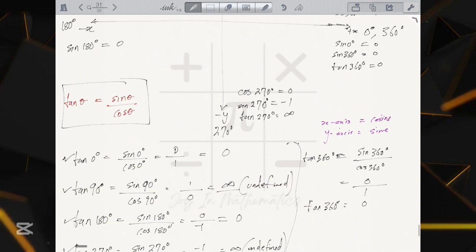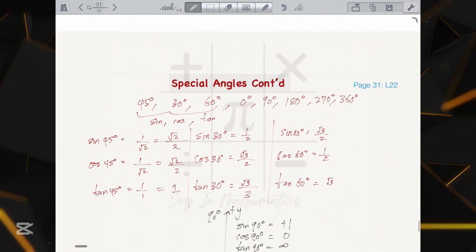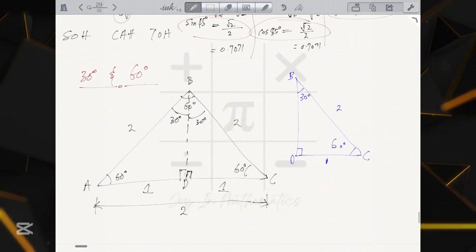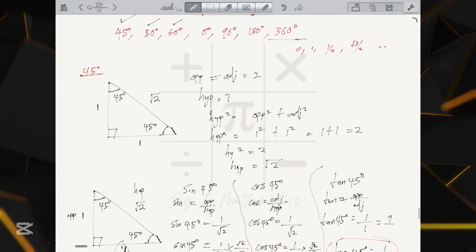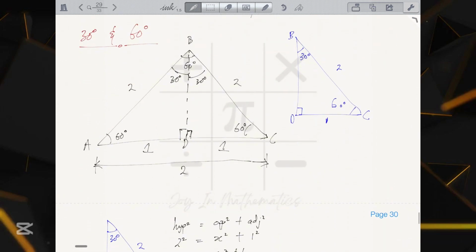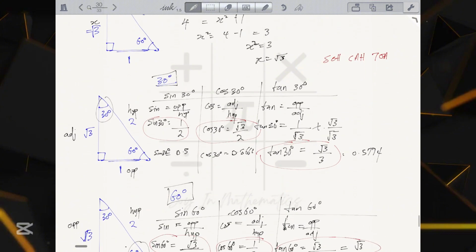30 degrees now. We evaluated 30 degrees when we dealt with the equilateral triangle with sides of unit 2, and we used the bisector to get the 90 degrees.